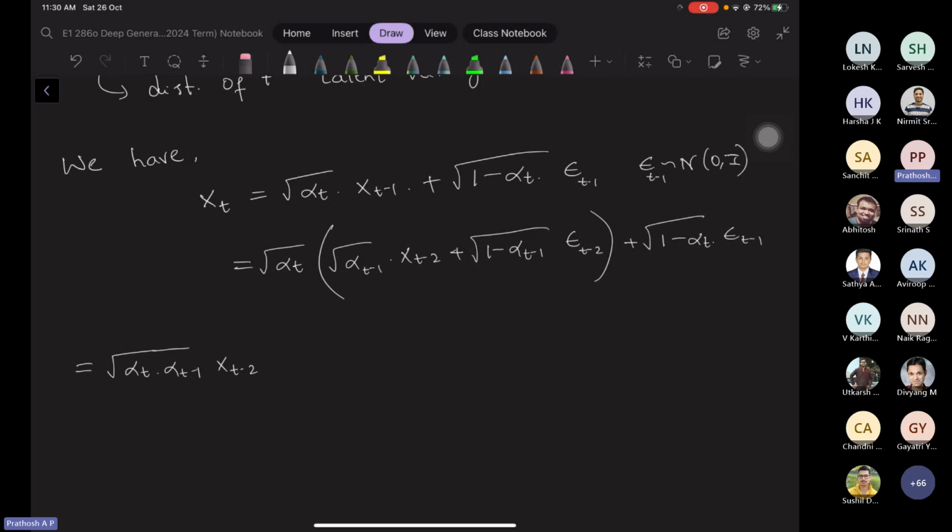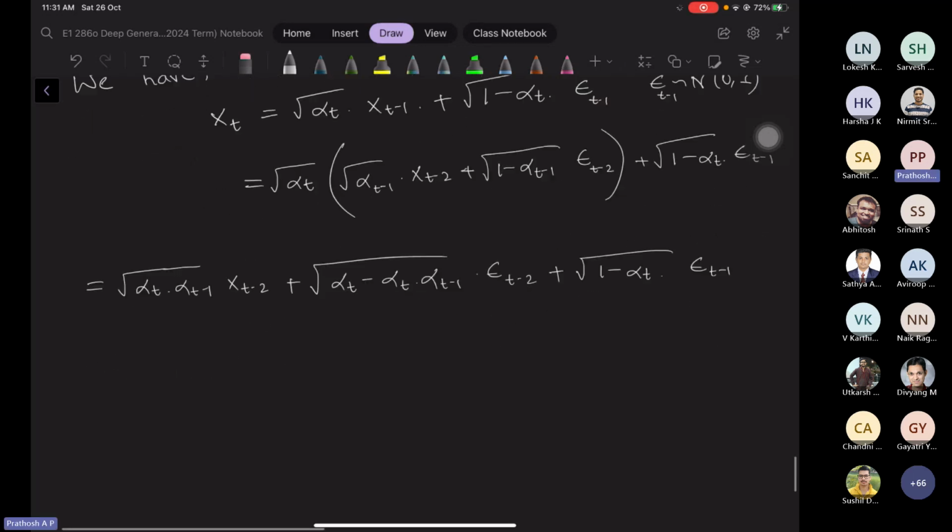That is the first term. The second term is plus root of alpha t minus alpha t times alpha t minus 1 into epsilon t minus 2, plus root of 1 minus alpha t times epsilon t minus 1. Correct?